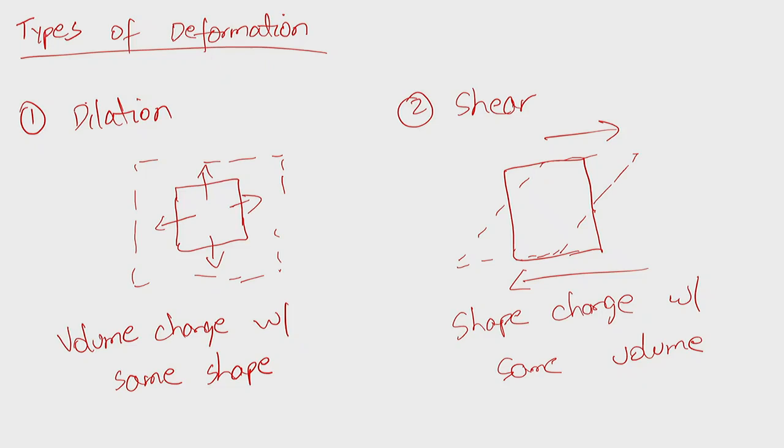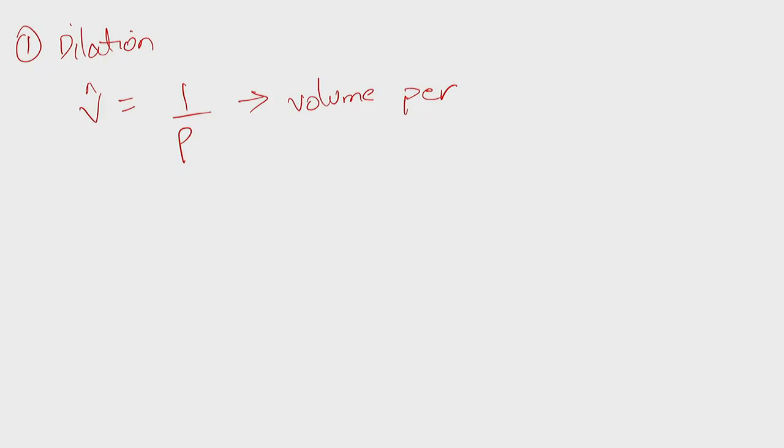So let's cover that once more. Let's talk about dilation. We had defined the specific volume, v hat, as being 1 over rho. This is the volume per unit mass, so it's the inverse of density.